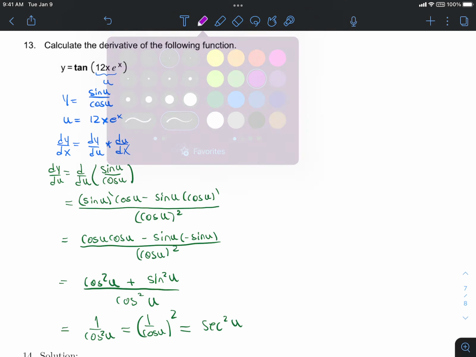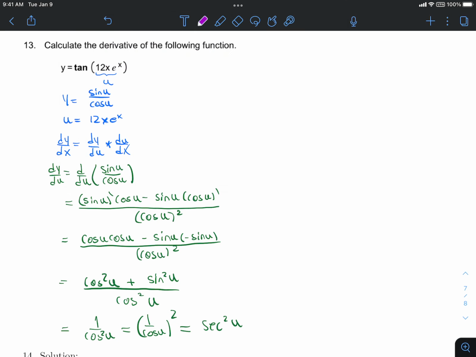Now let me go purple to do the other thing that I need to find, which is du/dx. So du/dx is the derivative of this. And for that I use the product rule instead. First, the constant multiple rule allows me to bring this 12 out.